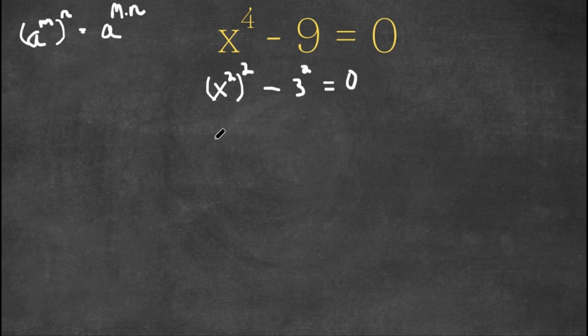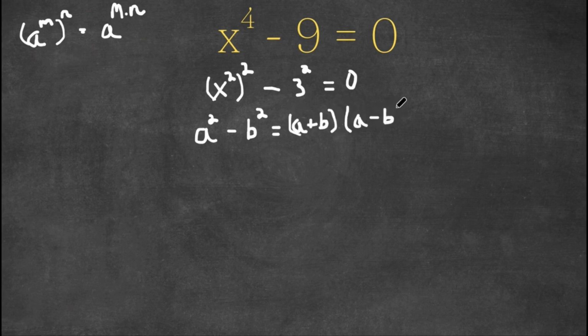Now, an important expression that we have is a squared minus b squared. And a squared minus b squared, if you guys didn't already know, is equal to a plus b times a minus b.